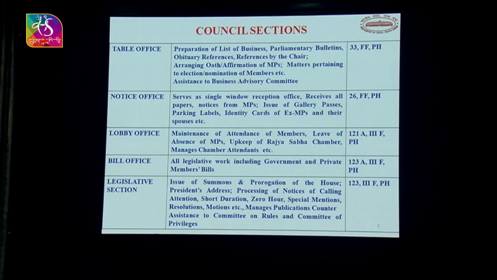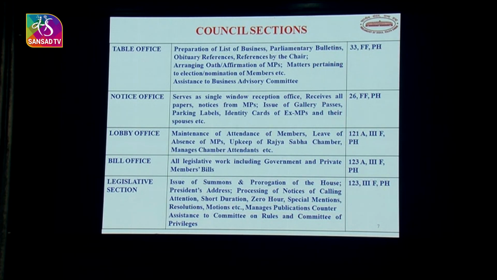The abbreviations are there, but PH, for example, would stand for Parliament House alone. Then we have a notice office. It's a single window reception office which receives all papers and notices from the members of Parliament.